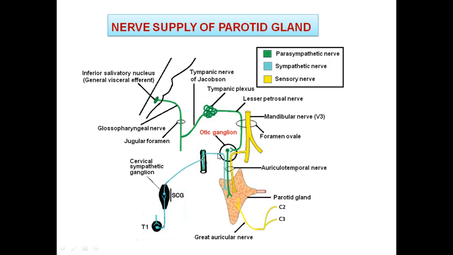Through that, fibers supply the parotid gland. And the great auricular nerve, which is derived from the C2, C3 segments, supplies the skin and superficial fascia of the parotid gland. This information gives the exact nerve supply of the parotid gland.